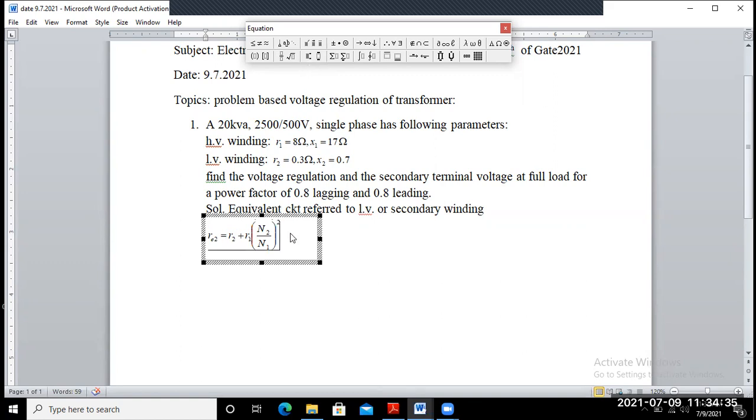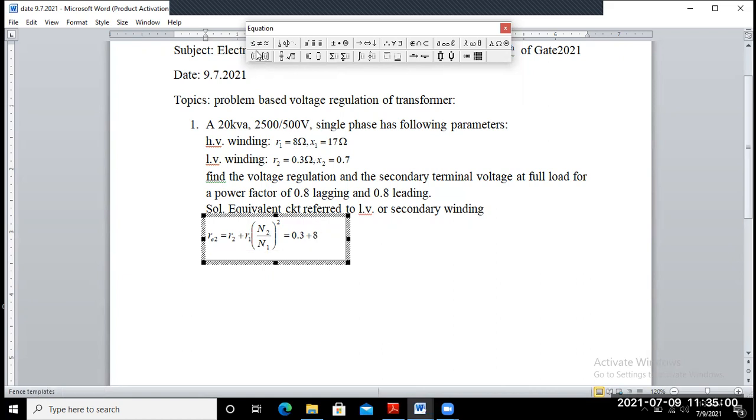Here R2 equal to how much? 0.3 ohm. And R1 equal to 8 ohm. N2 by N1, that means the secondary side voltage divided by the primary side voltage, that means 500 divided by 2500.